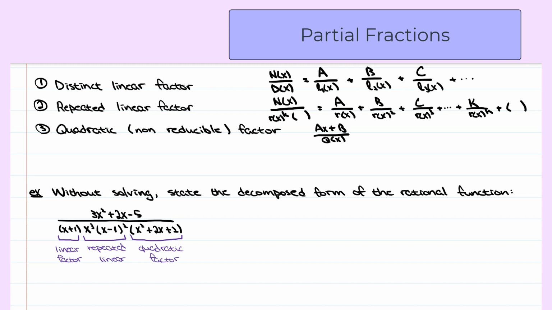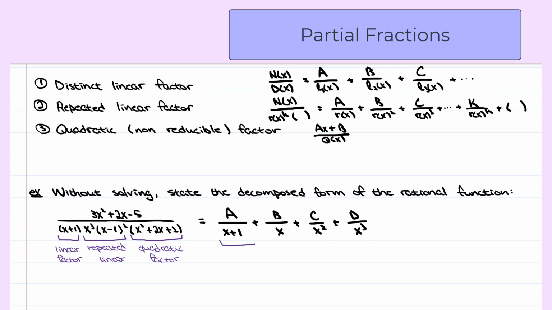So using the partial fraction decomposition, we can rewrite this rational function as a constant over the first linear factor, x plus 1, plus a constant over x plus a constant over x squared plus a constant over x cubed.